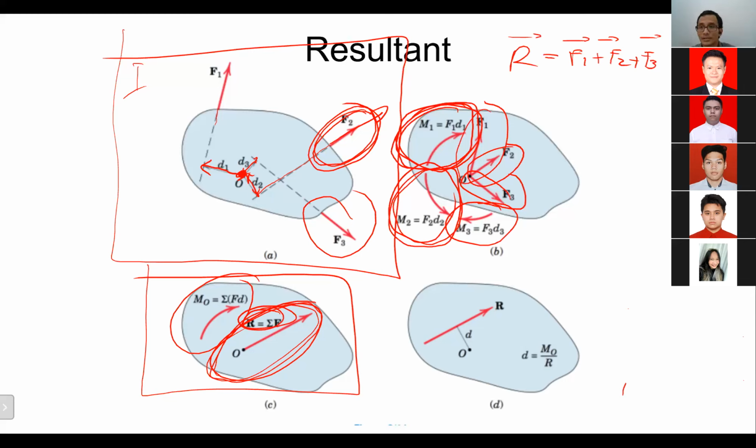But remember, this one is a vector, so the summation is supposed to be vector summation.